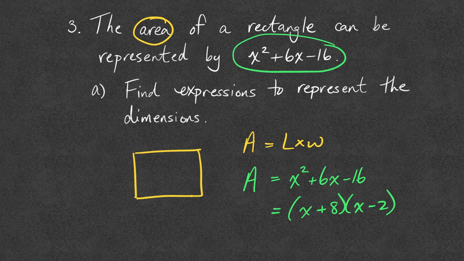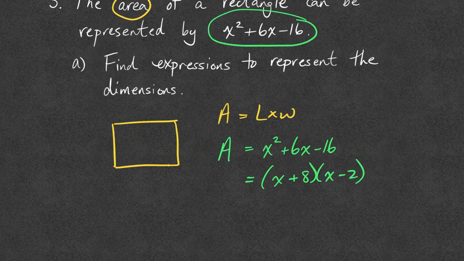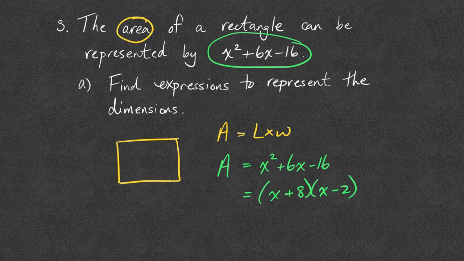Now, the question says, find expressions to represent the dimensions. So you would be okay to say the dimensions are, and I'm going to label them on the diagram just so we get a sense of it, x plus 8 and x minus 2.